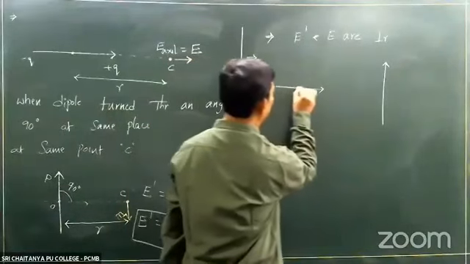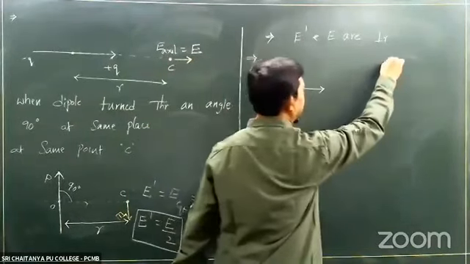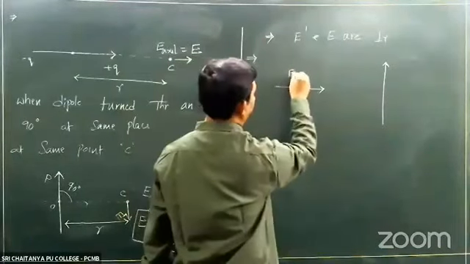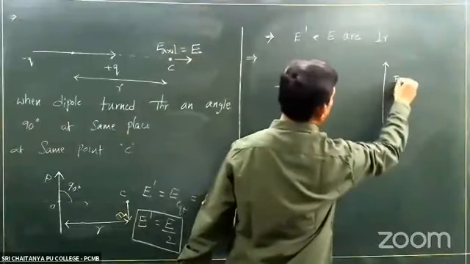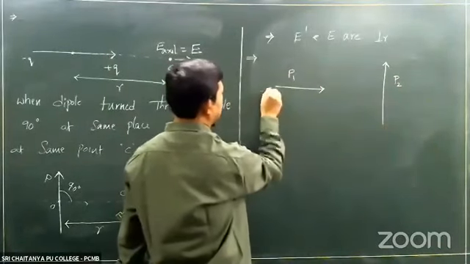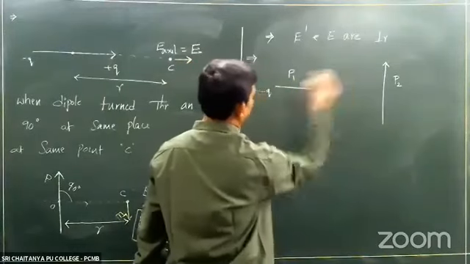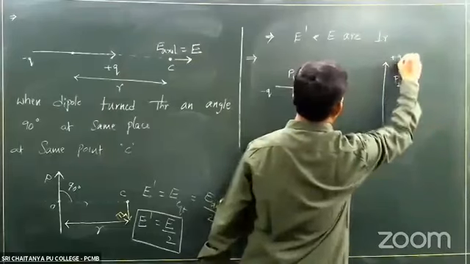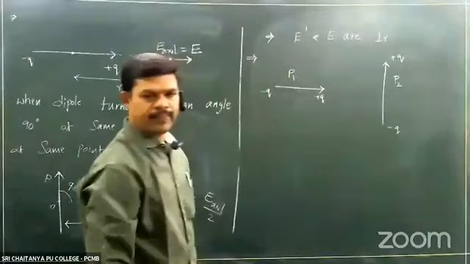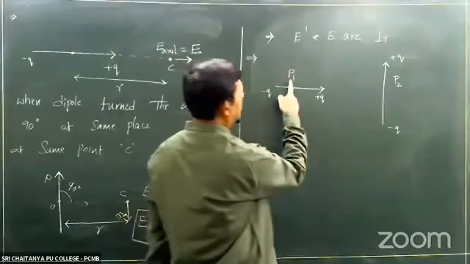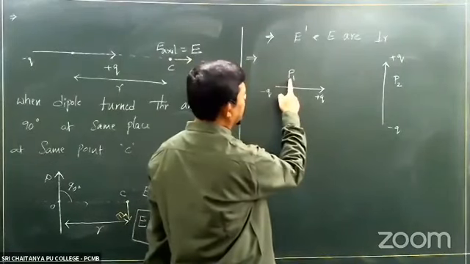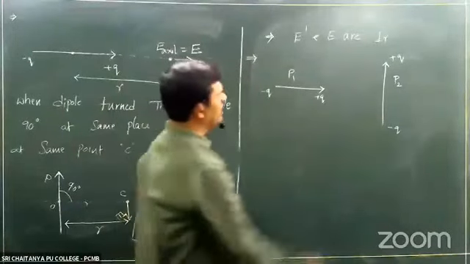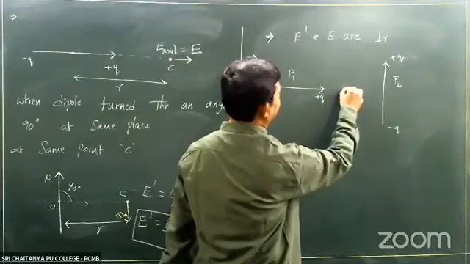The dipole moment of one is P1 and the other is P2. For one, the charges are plus, minus, plus; for the other, minus, plus. Let the dipole moments be P1 and P2. I am taking one point C here.